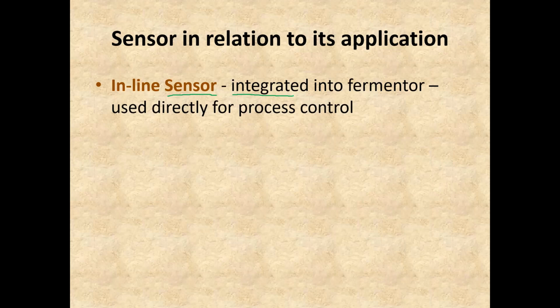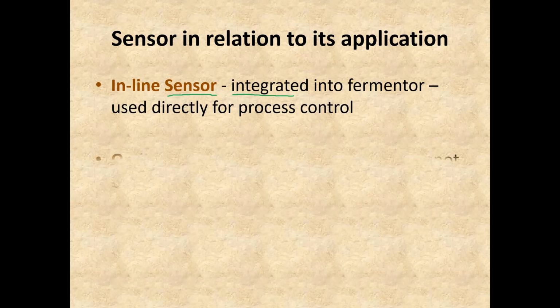So for example, a sensor that determines the pH, or a sensor which is sensing the foam. The sensor will sense that there is foaming or the pH is changed, and automatically it would be corrected or controlled. Such a sensor is called an inline sensor, which is integrated into the fermenter and is used directly for process control.